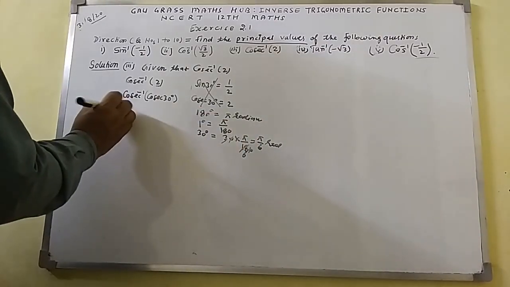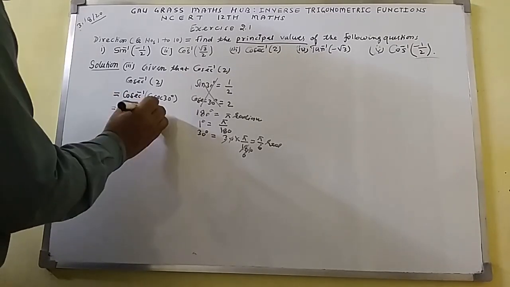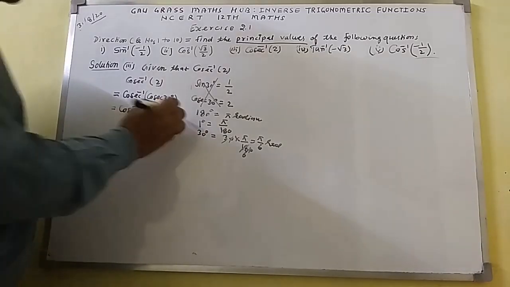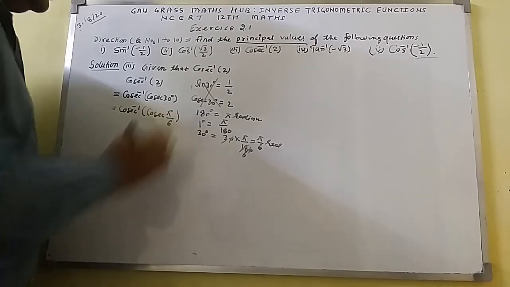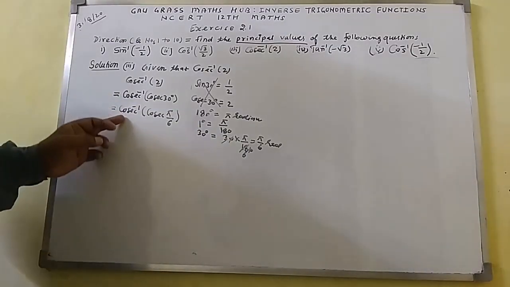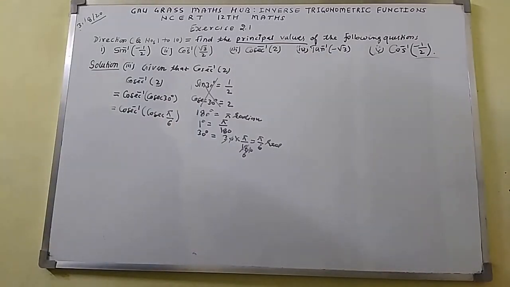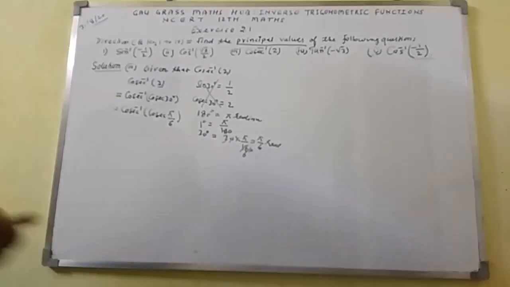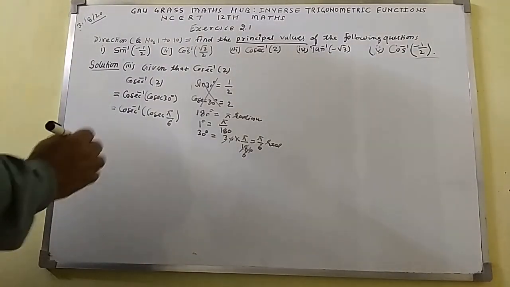So here I can write cosec inverse cosec pi by 6. Now here you can see cosec inverse cosec pi by 6. Now what to do next? You have to refer to the concept.